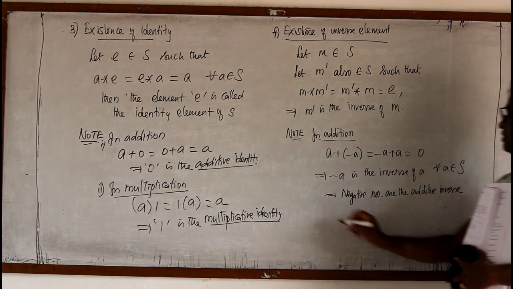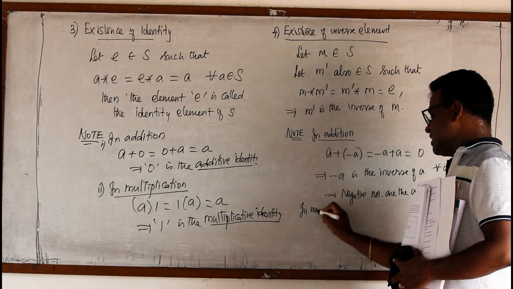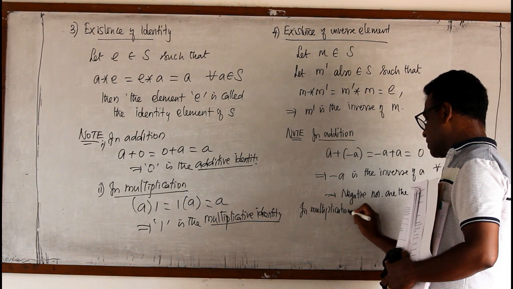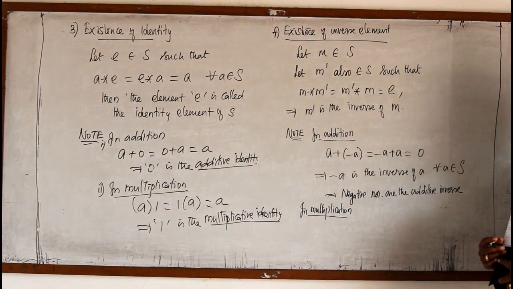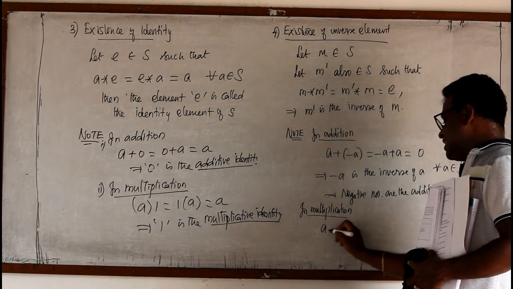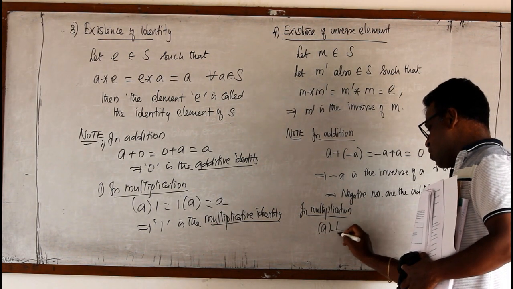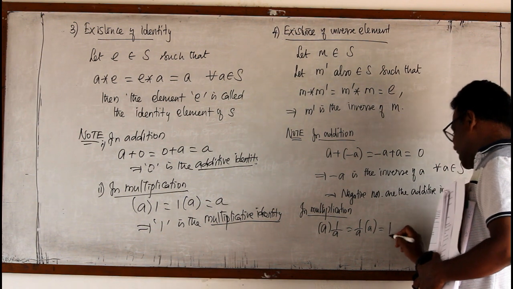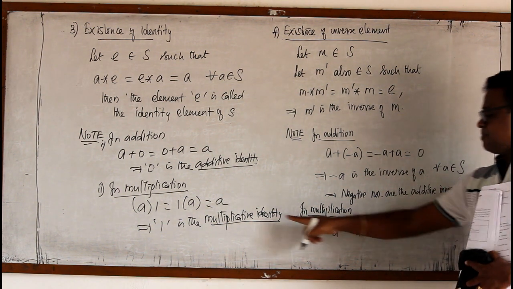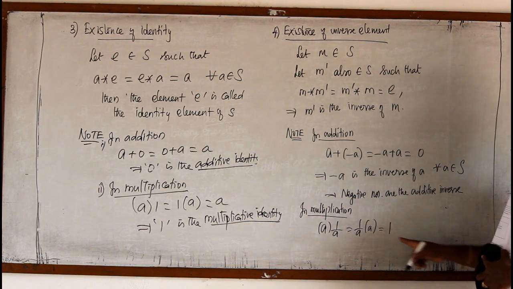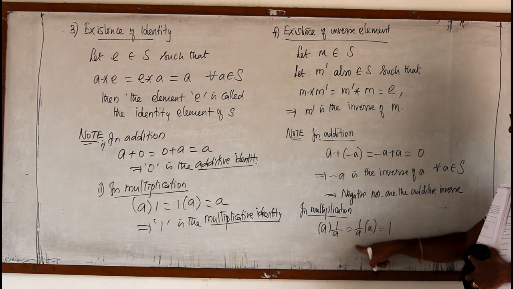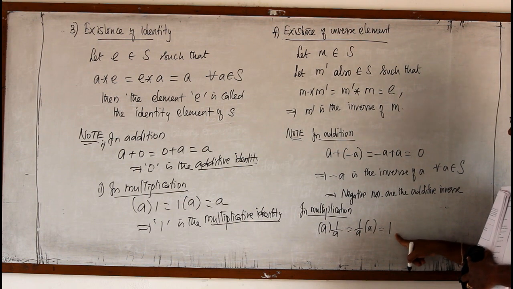Similarly, if I take multiplication, if I multiply A into 1 by A, or 1 by A into A, I get the answer as 1. 1 is the multiplicative identity. So when I multiply A with 1 by A or 1 by A with A, I am getting the identity.